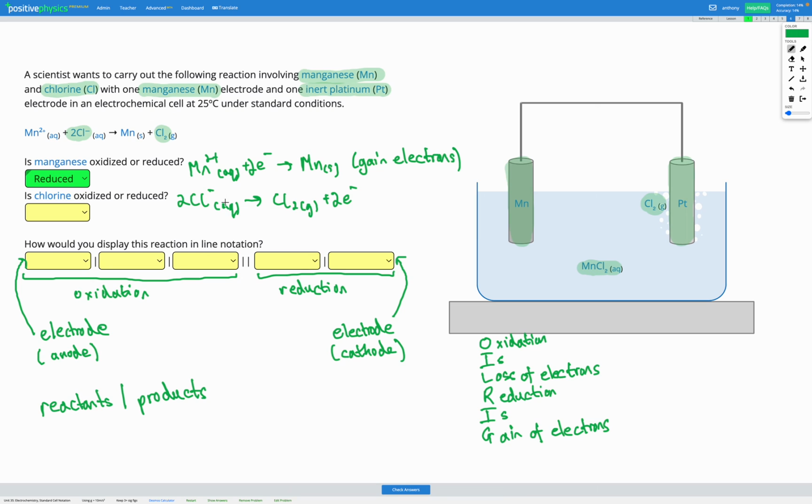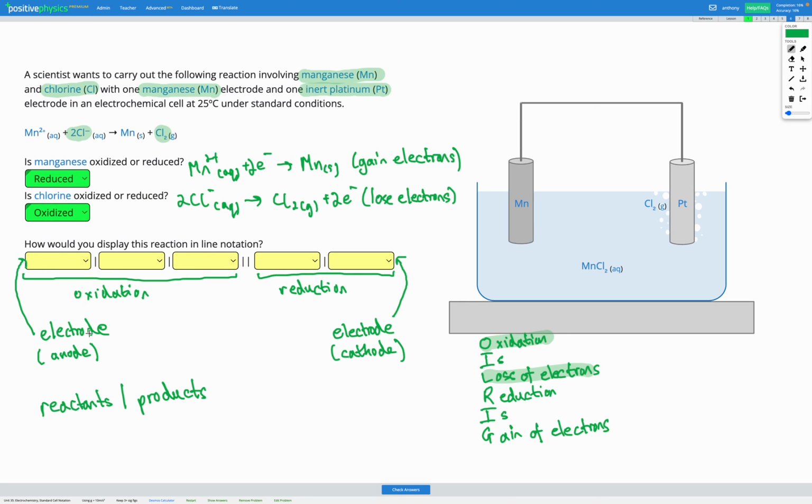So here, chlorine ions are losing electrons to become chlorine gas. And remember, a loss of electrons means oxidation. So that means chlorine is being oxidized.